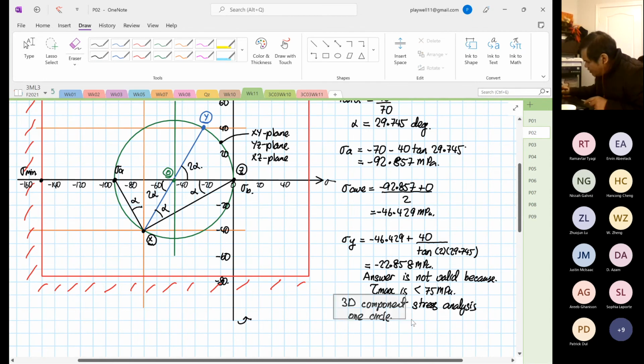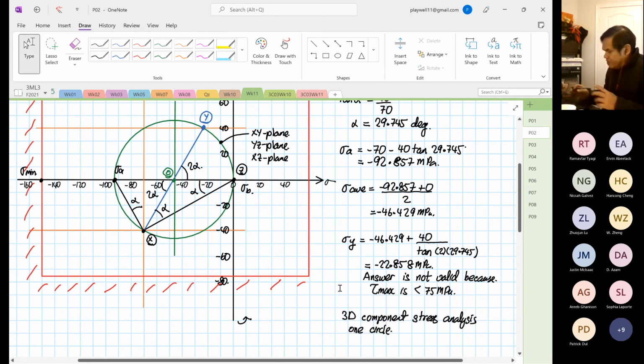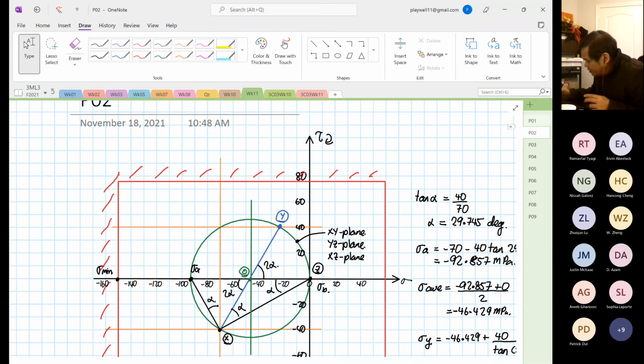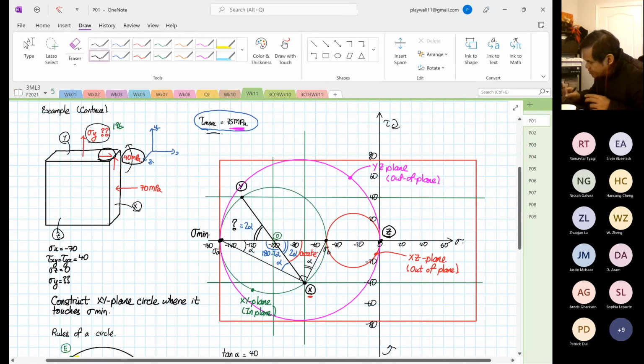I mean, the loading will not fail the structure. The loading condition that we specify at 22.85 will not fail the structure, but this question specifies that tau max has to be 75 megapascal.